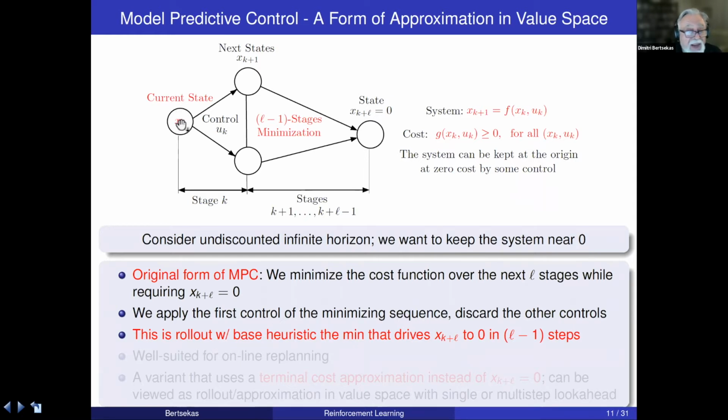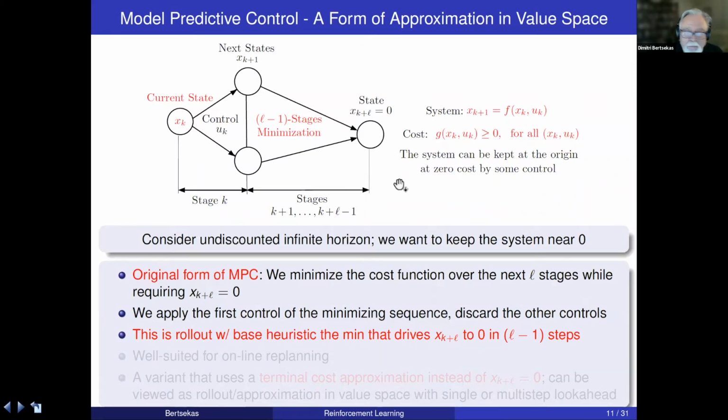It's approximation in value space with one step look ahead, and at the end we have a heuristic, a suboptimal policy that drives x_{k+L} to 0, optimally taking into account the cost involved, and does this in L minus 1 steps, not L steps, L minus 1 steps. So there's a clear connection with rollout here, and also a clear connection with multi-step look ahead.